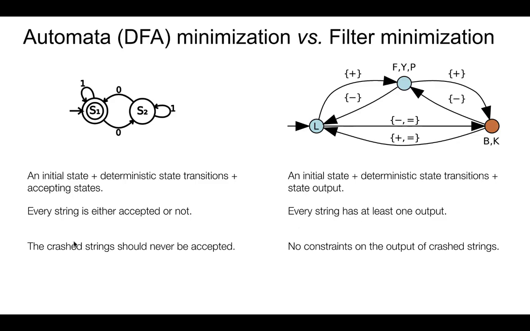For automata minimization, we cannot choose to accept a string that crashes on the automata. But in filter minimization, we can assign any outputs to the crash strings. This gives us extra degree of freedom. It turns out that it is NP hard to minimize a filter by leveraging such degree of freedom.